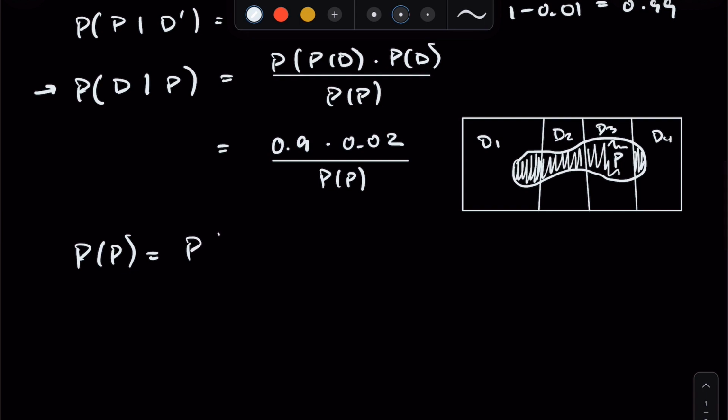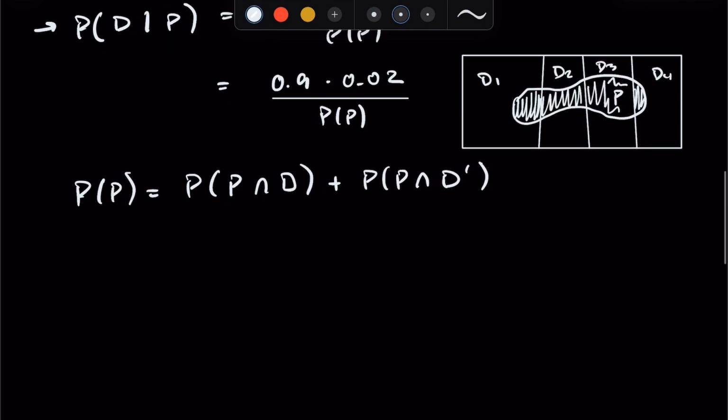So we can say the probability of P and D plus the probability of P and D prime. We also know from the definition and equations regarding conditional probability that this is equal to the probability of P given D times the probability of D. This expression is equal to that expression.